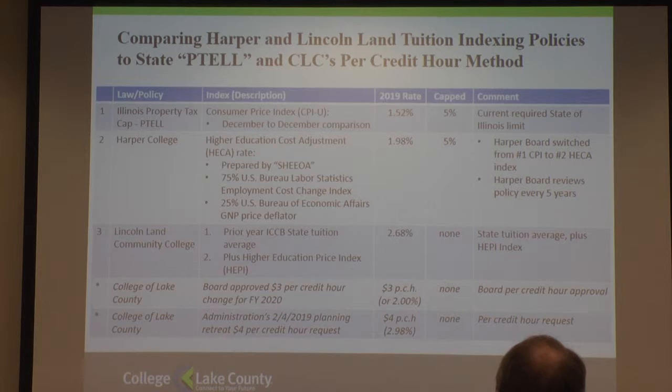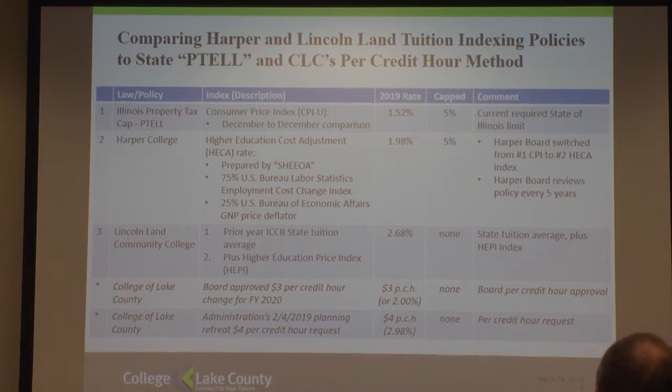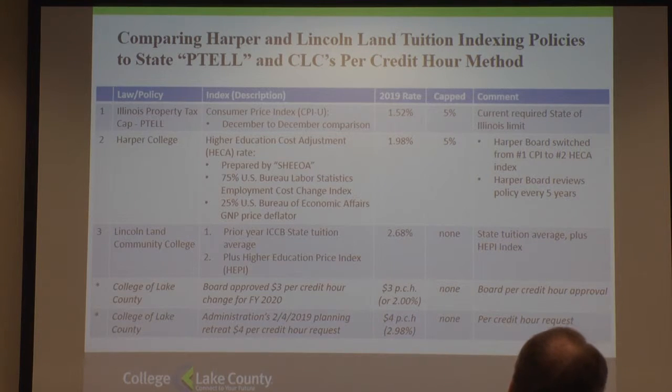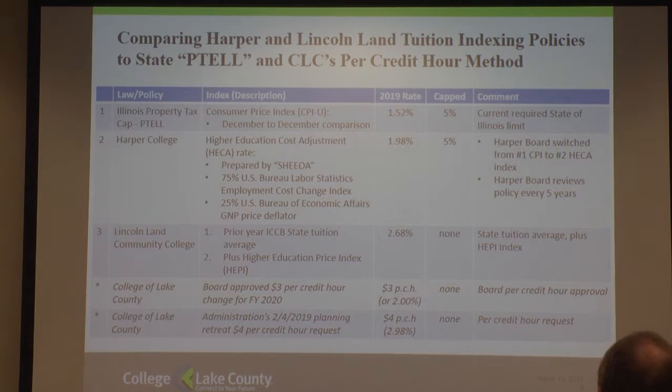And then the Lincoln Land Community College board policy is a function of the ICCB state tuition average of the prior year plus adjusting it for the Higher Education Price Index. So if our board had authorized us to use the Lincoln Land Community College model, this year's tuition could have grown by about 2.68%. What's interesting about the Harper College model, though, is they have a cap, so that if an index in the given year happened to go above 5%, we'd be limited to 5%.